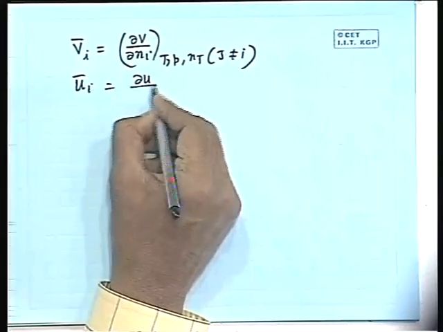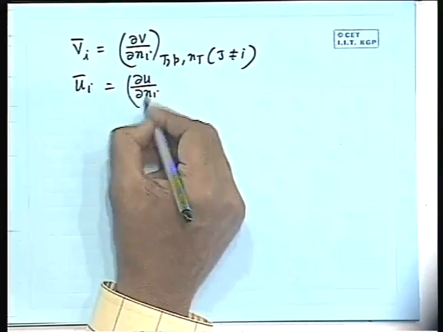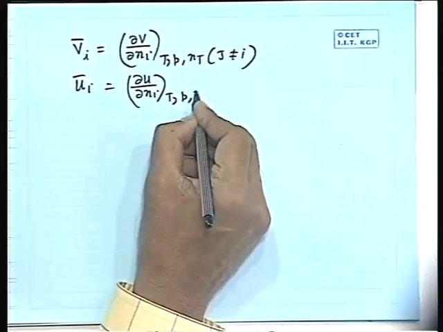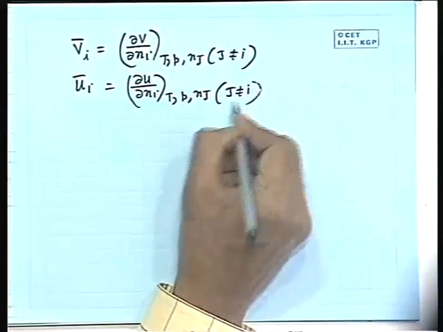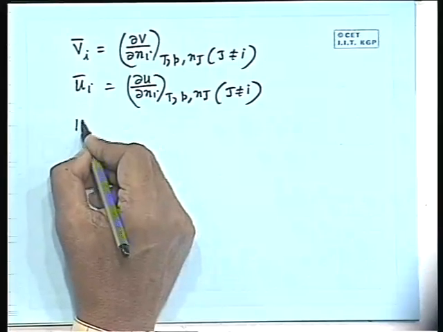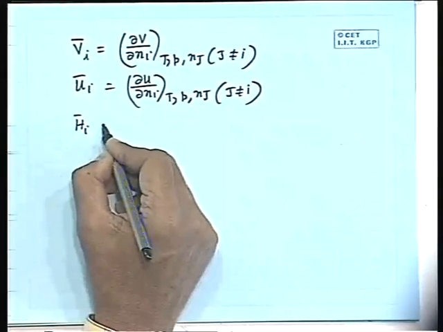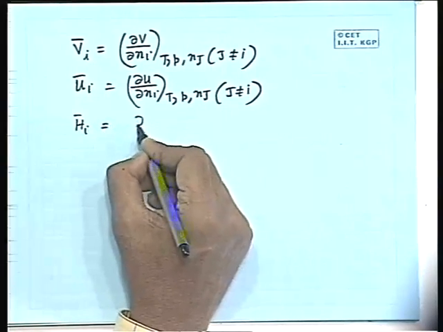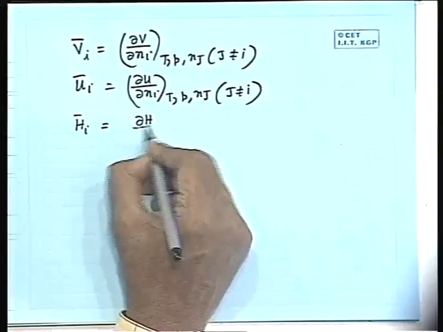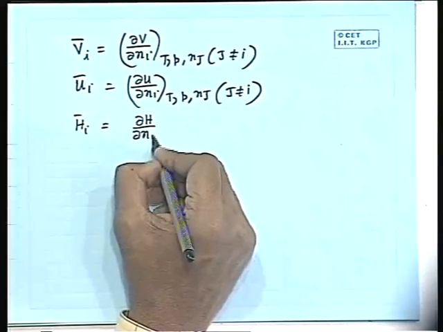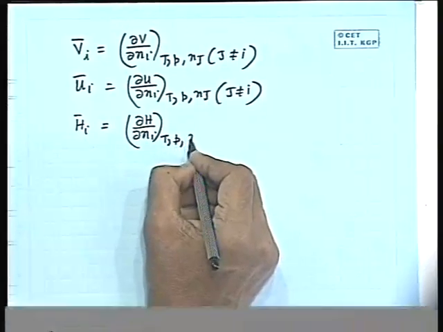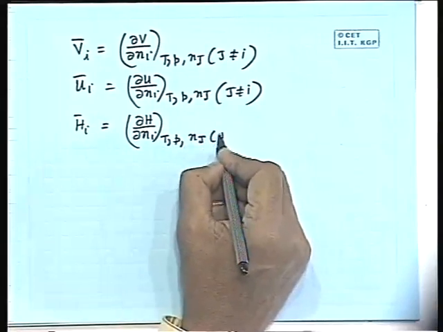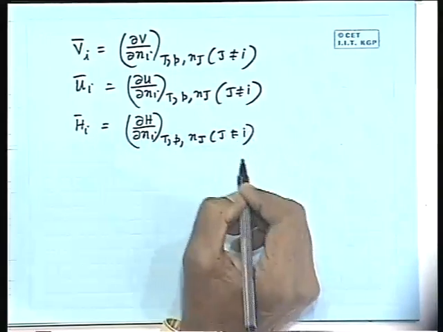The similar way we can write. Better we should write it. This will develop your practice. n_j, j not equal to i. If we have to define the partial molar enthalpy for an ith component, then we should write del H by del n_i at T, P, n_j, j not equal to i.